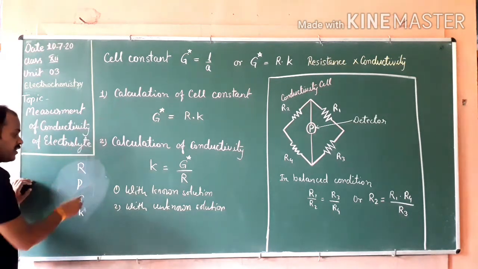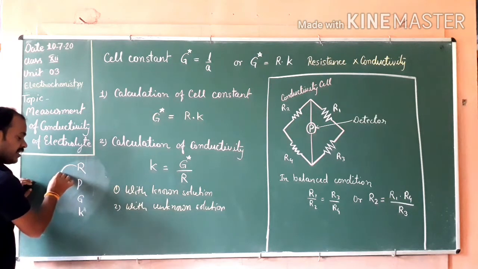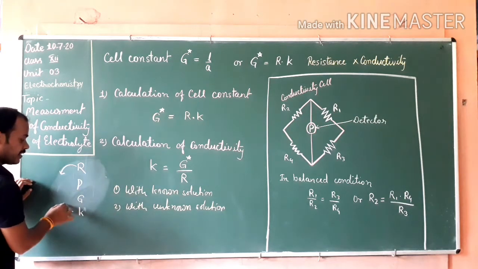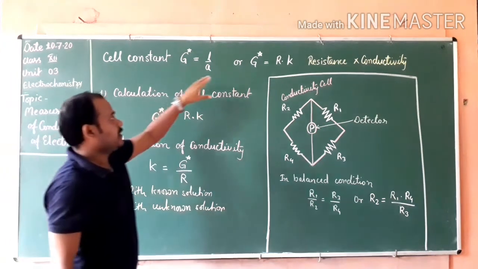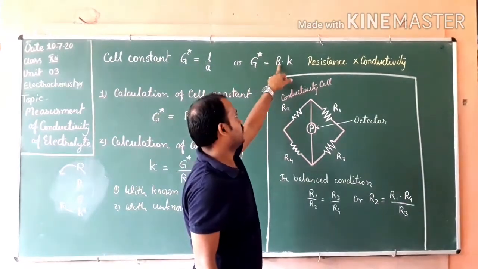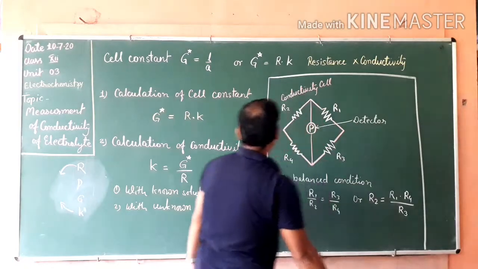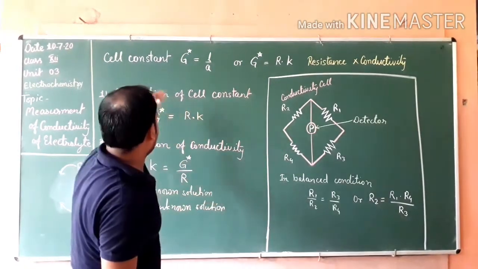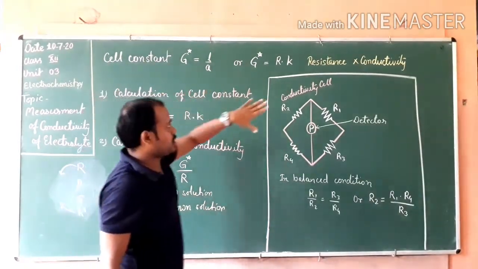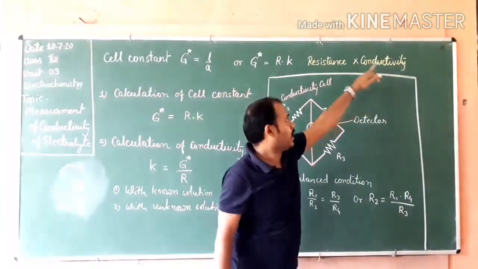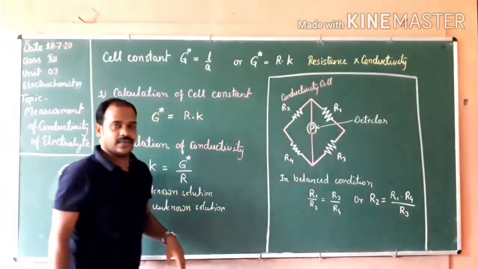Here we will use resistance and conductivity. So the cell constant is equal to the product of resistance and conductivity, and to calculate it we must know these two values.